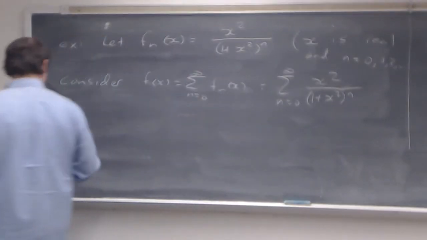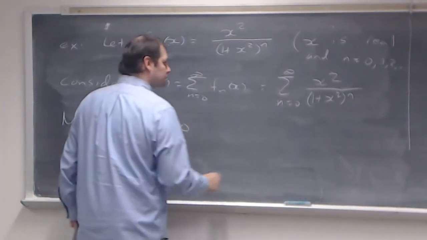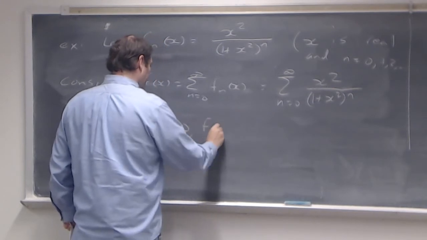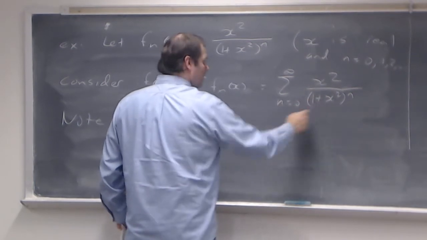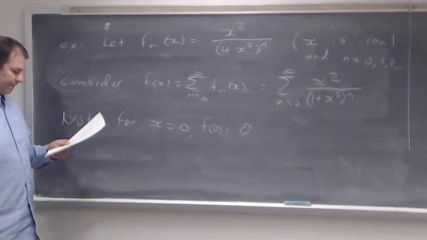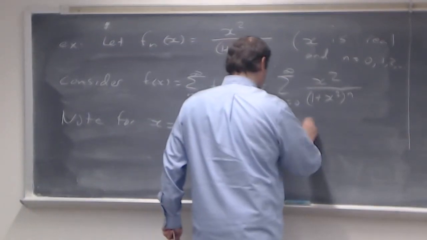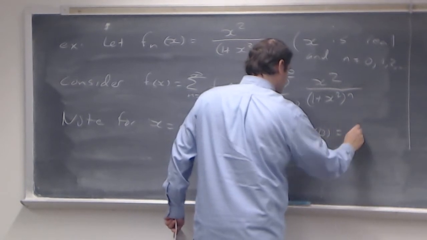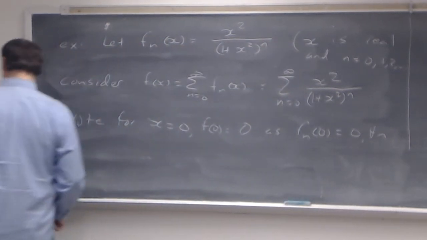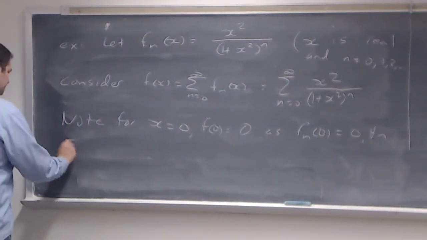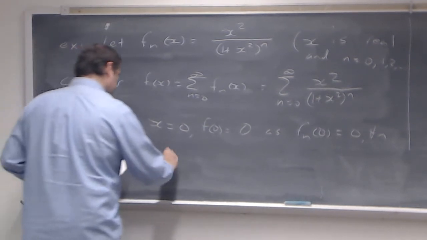Now, the first thing we'll observe is that for x equals 0, f of 0 will be equal to 0, because this sum will always be 0, as f sub n of 0 equals 0 for all n.